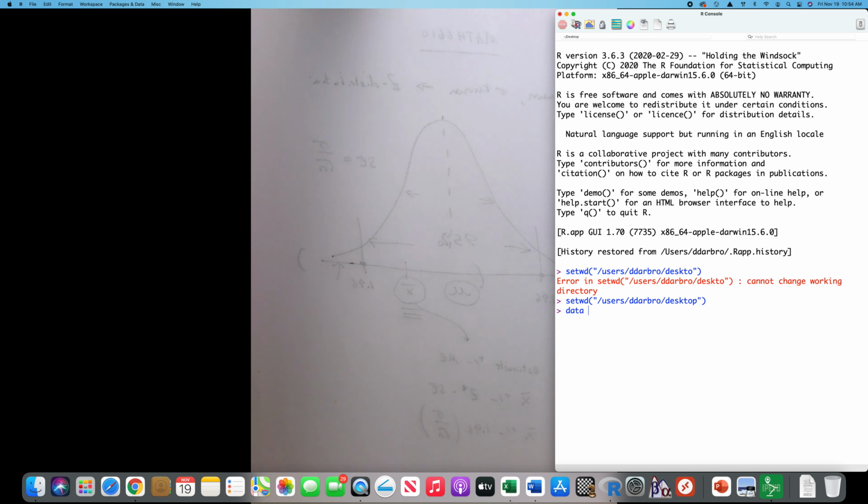All right, so I want to get my data here, and I believe I called this admit GRE. Hope I did, yeah. So let's just look at the head of the data and see what we have. So we have IDs. Again, this just shows the first 6. Then we have an admit, which is yes or no. We have a GRE score, and we have a GPA score.